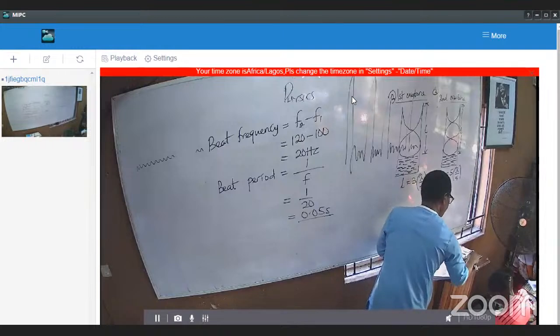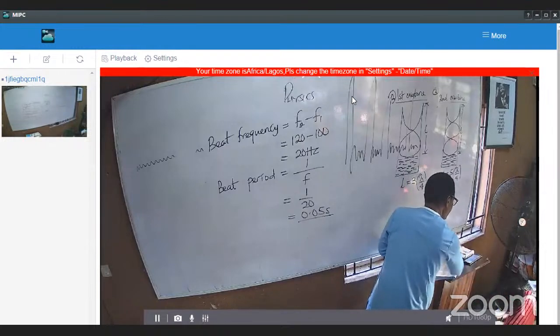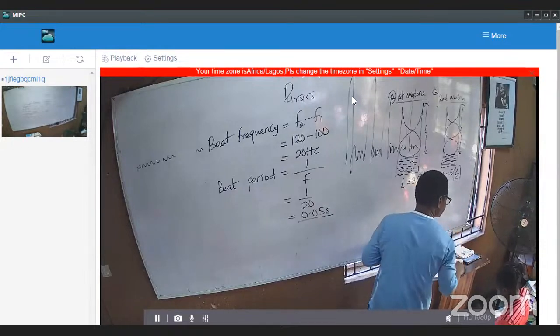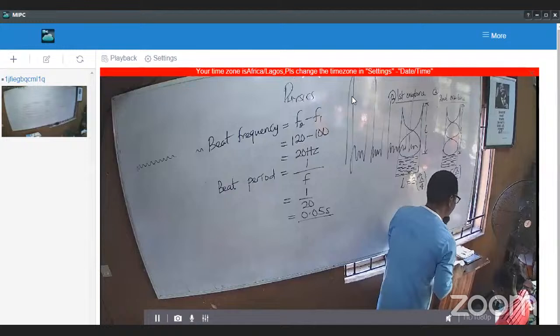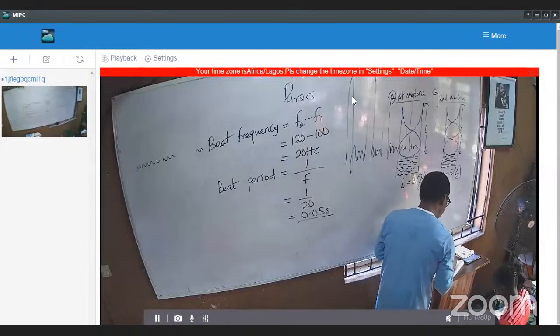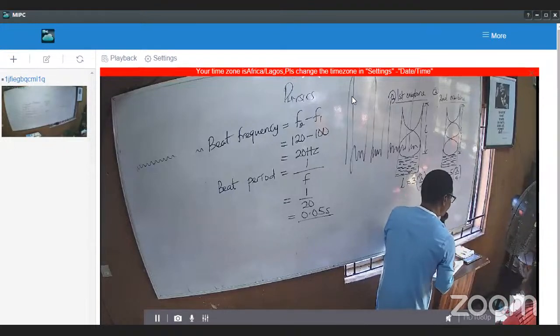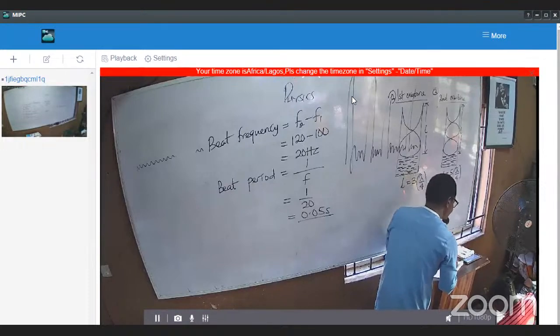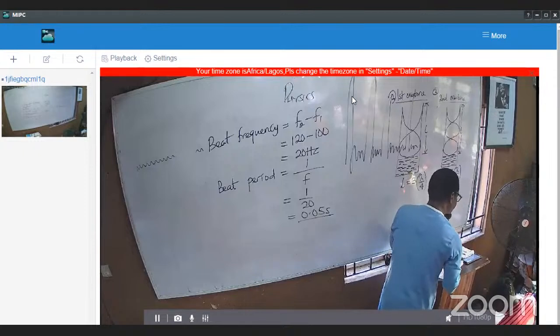Right, question 2. The fundamental frequency of a plucked wire under a tension of 900 Newton is 200 hertz.